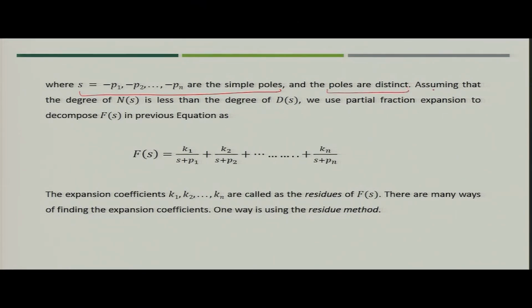Now, these poles are distinct. If we assume that the degree of N(s) is less than the degree of D(s), that means the highest degree of s in the denominator is greater than the highest degree of s in the numerator, we can apply the partial fraction expansion method to decompose the Laplace transform.